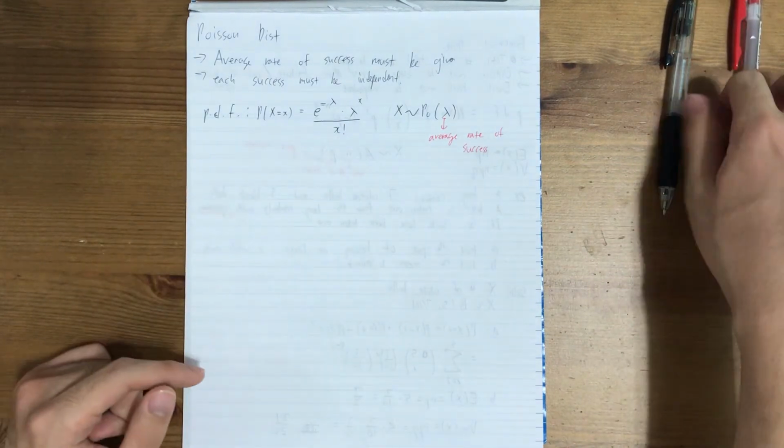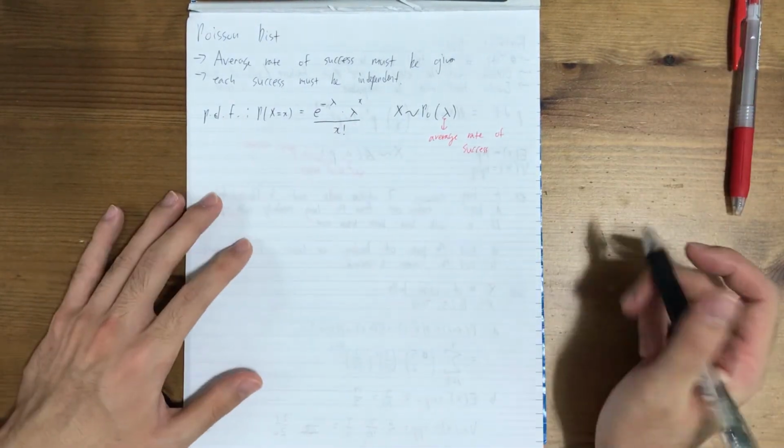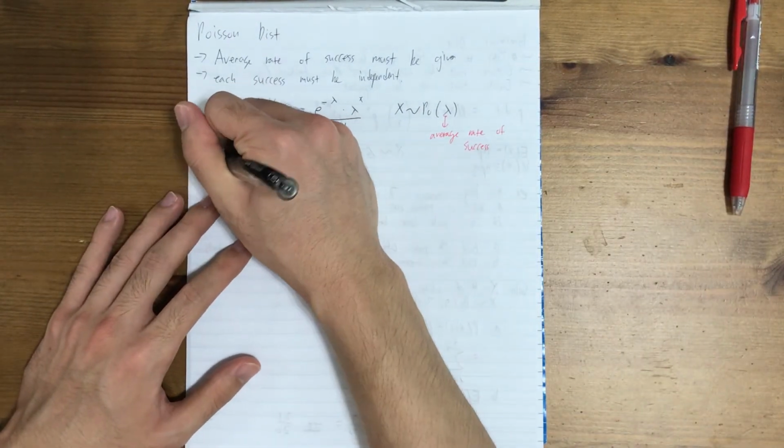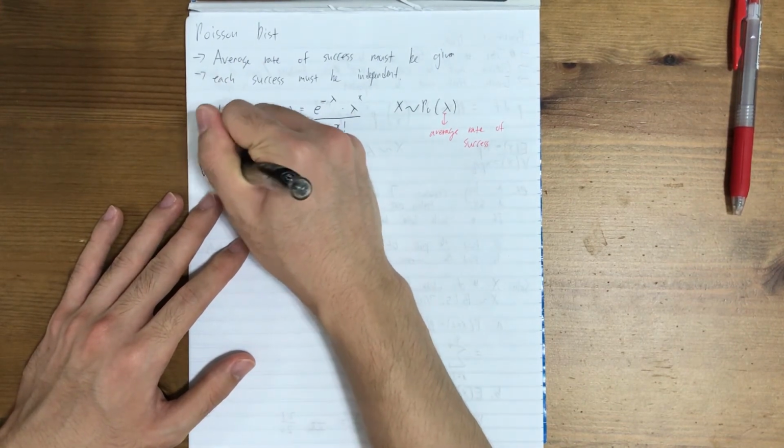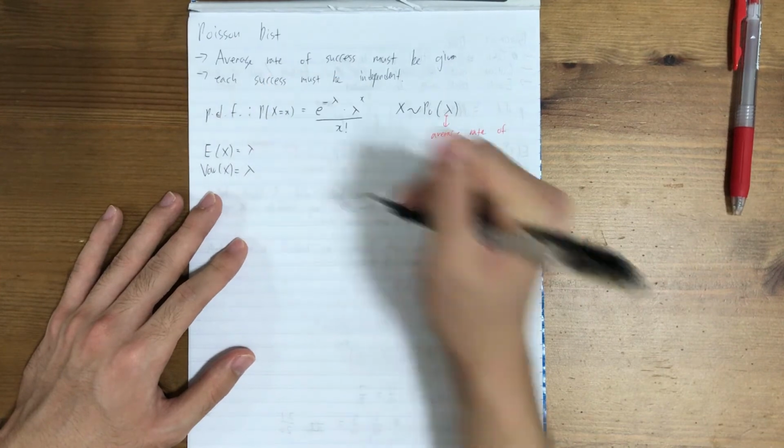So yeah, we can find probability like this, and the expectation is lambda, and variance of x is lambda.